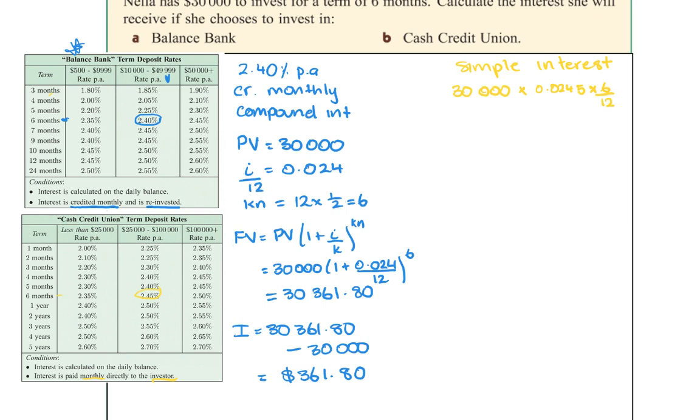So we're timesing 6 over 12 because we're doing the half a year that it's gone into investment. And we get $367.50. So a slight difference, but actually not much of a difference at all.